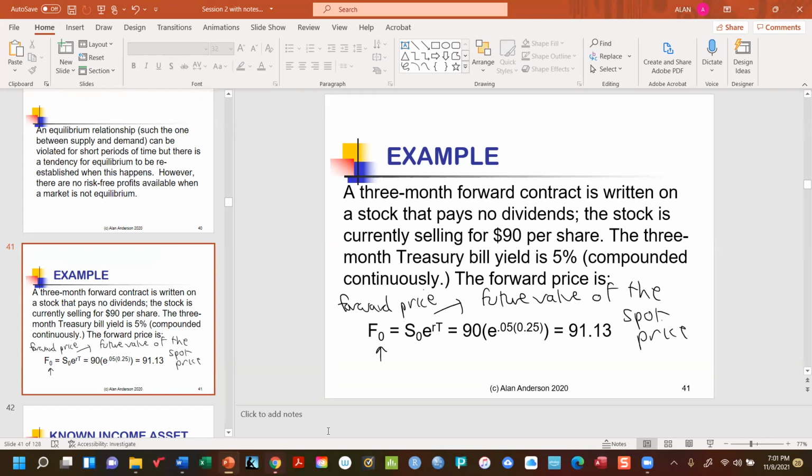And so if you want to buy the stock in 3 months, you would pay $91.13. In other words, it's selling for 90 now. But what if you don't want to buy the stock for 3 months? You would then say, all right, what price can I lock in for 3 months? And the answer would be 91.13.